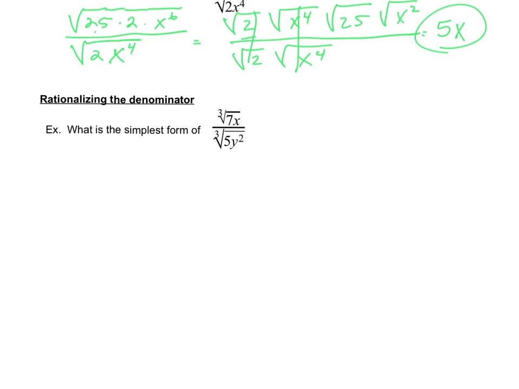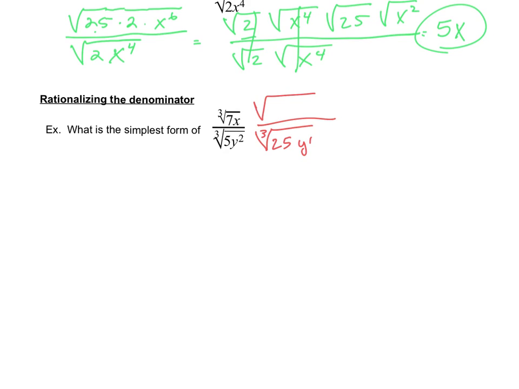Well, in order to get a perfect cube of 5, I can multiply by 25, because we know 5 times 5 times 5 is 5 times 25, or 125. And to find that perfect cube of y, I can take those two y's and multiply another y to it, and I get the cubed root of 25y to the first.